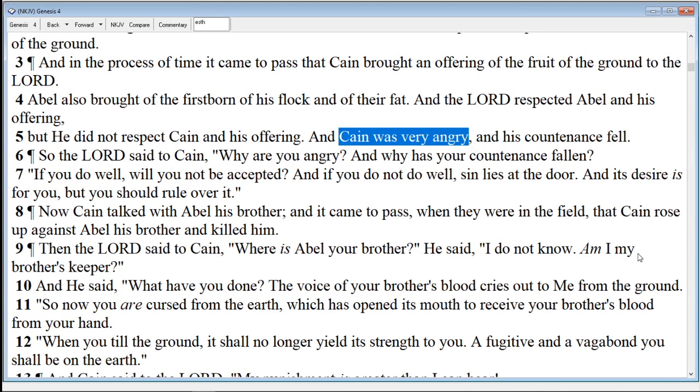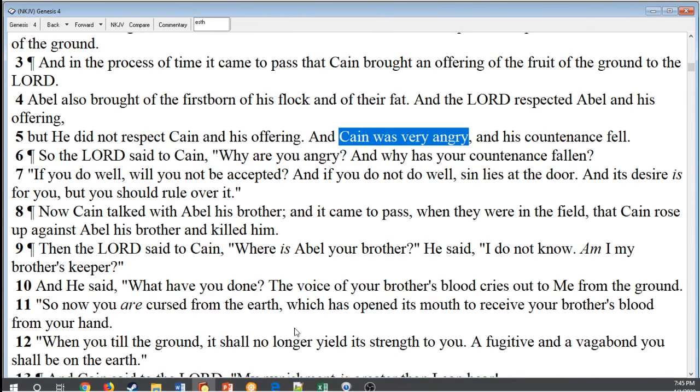Cain was very angry. In our study of Ephesians, we're going to be coming to a statement this coming Sunday, and we're going to talk a little bit about anger. James will tell us that the anger of man doesn't accomplish the righteousness of God. Anger is a dangerous and deadly emotion.